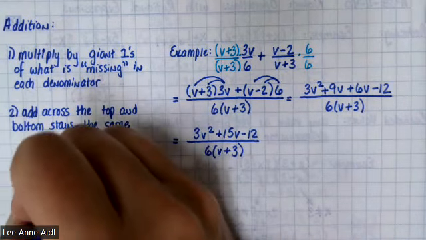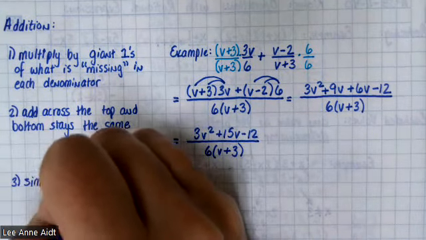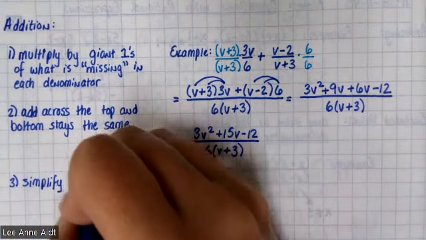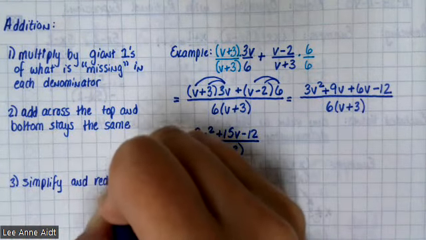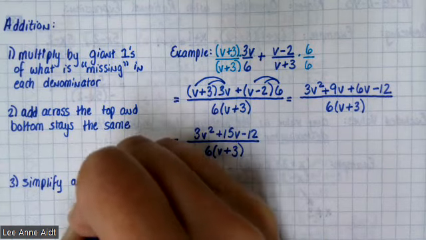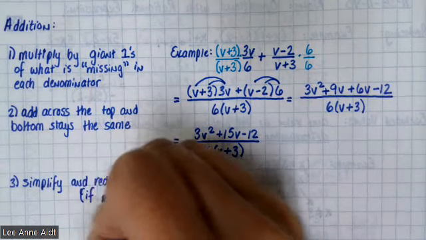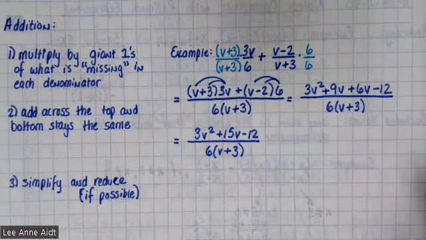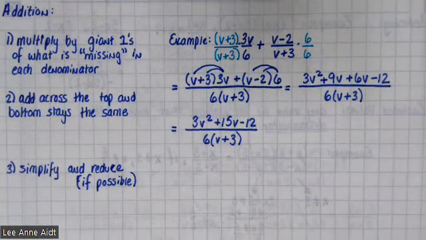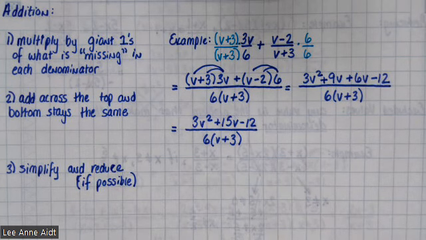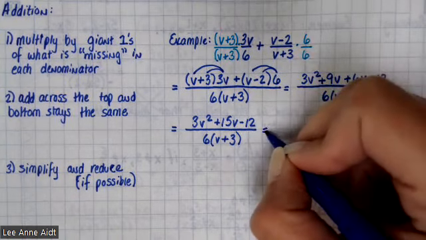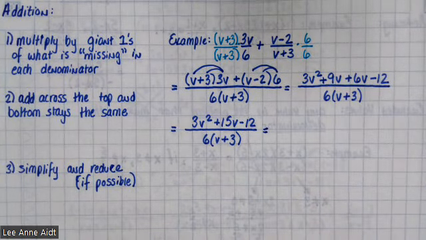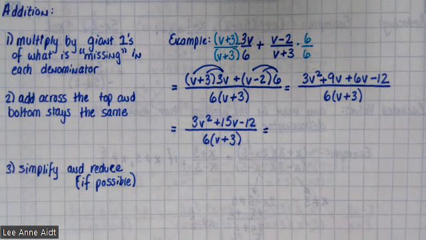Okay, last step of this, simplify, which is what we did here. Simplify and reduce if possible. Okay, does anyone notice anything about the numerator that you should notice?